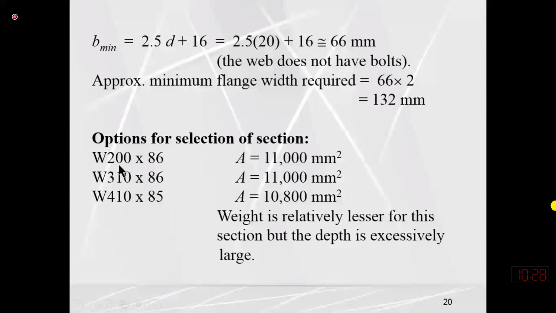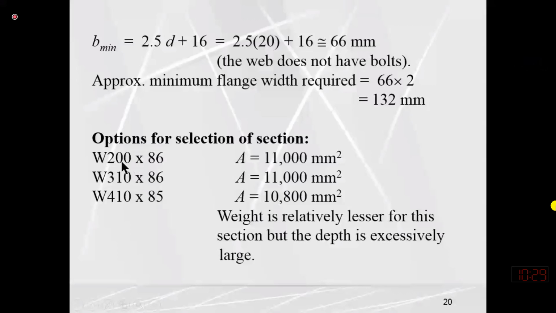Lowest depth means that we need to connect a lesser depth of this section with other sections. But you could try any one. I will try this section because if the depth is lesser, its width will be more. So it means that its radii of gyration about the x-axis and y-axis will be nearly the same. So this will be my first trial section.